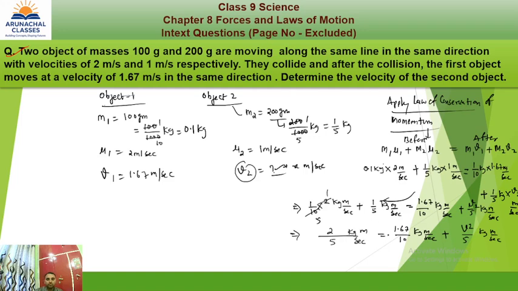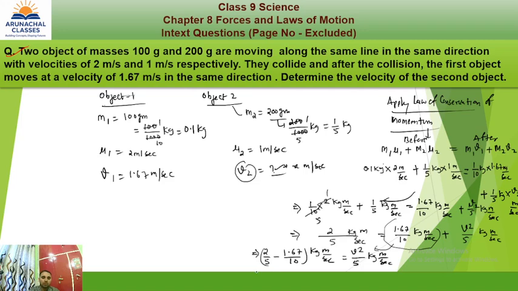Now this value goes to the other side, so it will be 2 upon 5 minus 1.67 divided by 10, in bracket taking the unit kg meter per second, equal to v2 upon 5 kg meter per second.